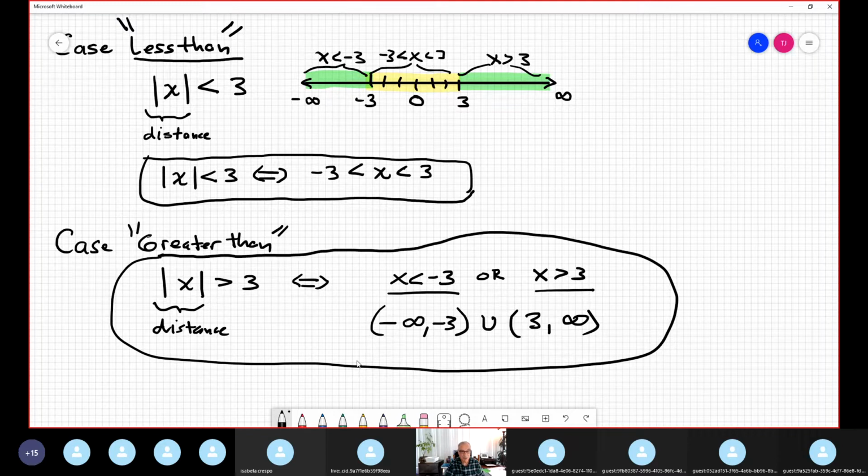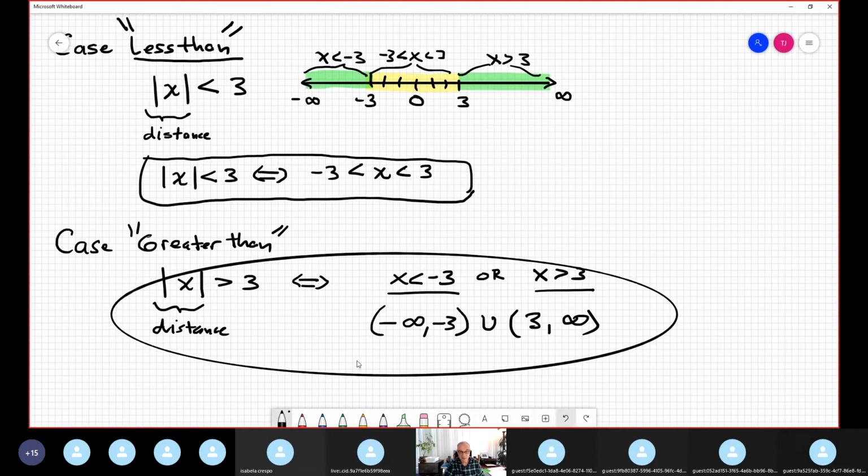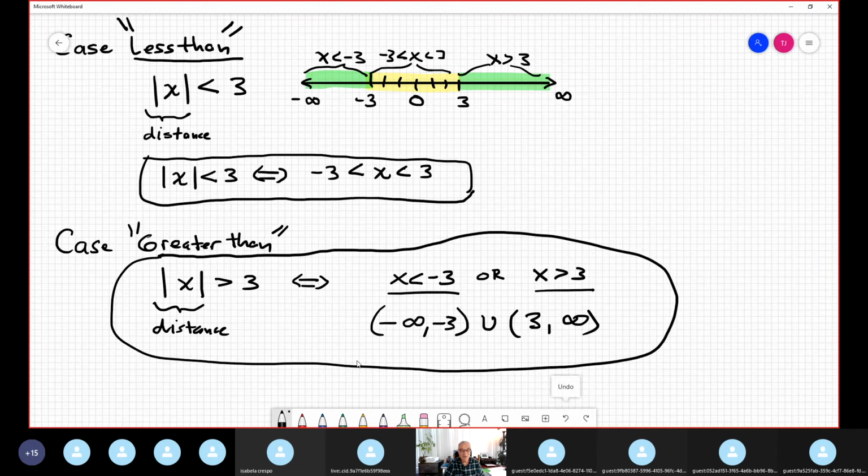So, when I grade the test, I need to check immediately: in a problem of less than, you copy only one interval, it's okay. In a problem of greater than, you copy two intervals, it's okay.